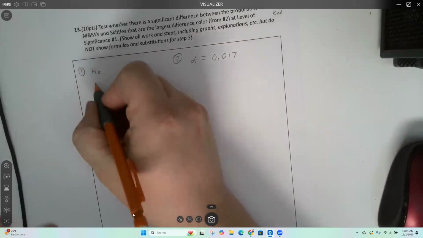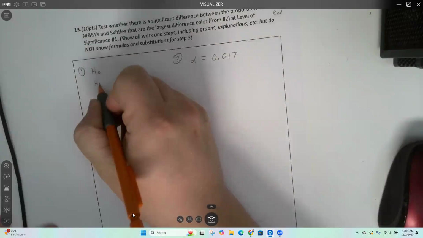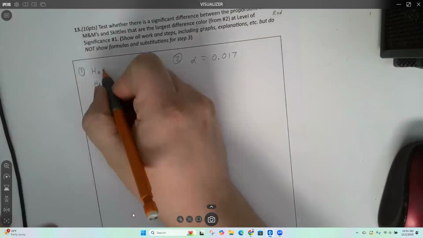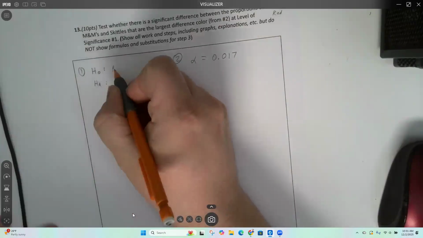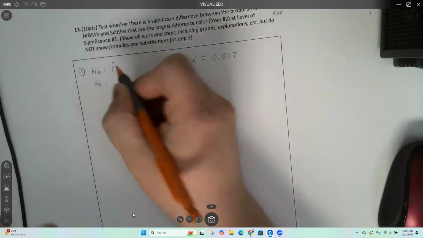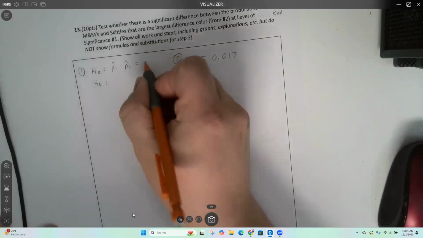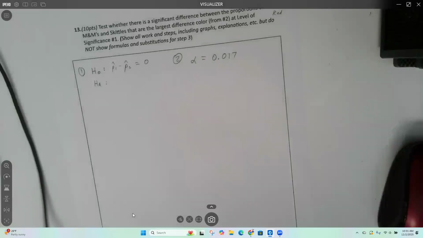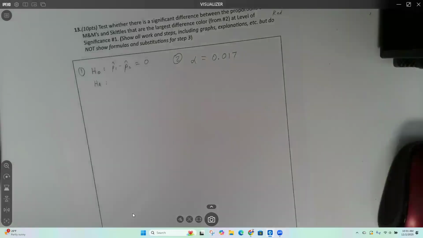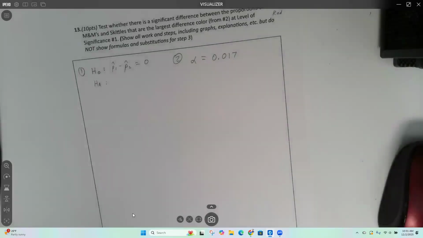So we have our null hypothesis and alternative hypothesis. Your null hypothesis is P1 minus P2 equals 0, okay? You can write it that way.